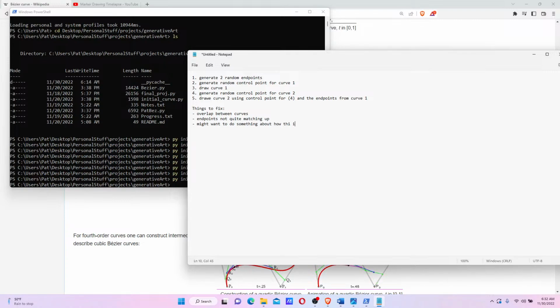Not about how thin it is, about preventing the shape from becoming too thin. Okay.